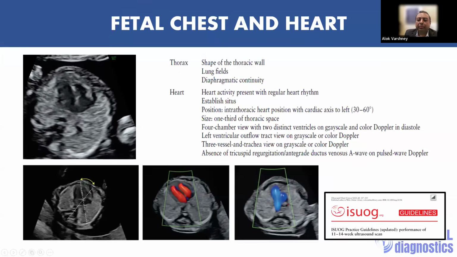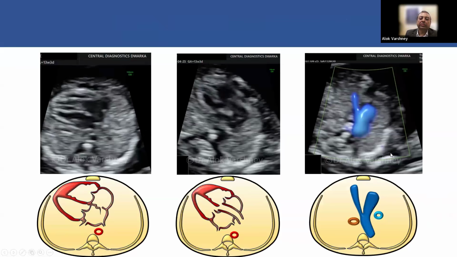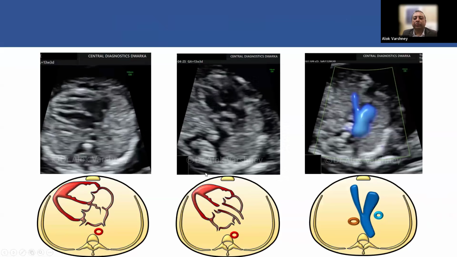We need to establish the situs. We need to assess the cardiac axis, the size, the 4-chamber view with 2 distinct ventricles on grayscale and color, LVOT view, 3-vessel trachea view in grayscale or color Doppler, and make sure that there is no tricuspid regurgitation and the DV flow is normal. And these are a few examples I would like to show.